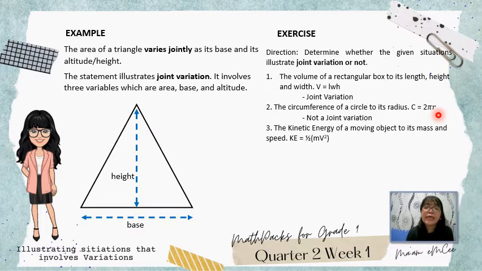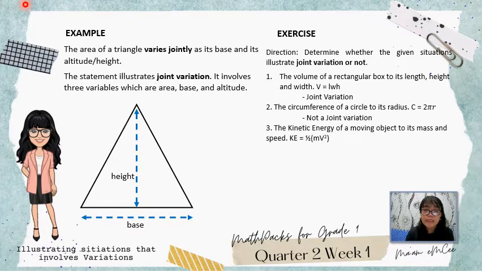Third, the kinetic energy of a moving object to its mass and speed. So the formula for getting the kinetic energy of a certain moving object is KE is equal to 1/2 mv squared. So KE here is our kinetic energy, our m is the mass, and our v squared will be the speed or the velocity of our moving object.